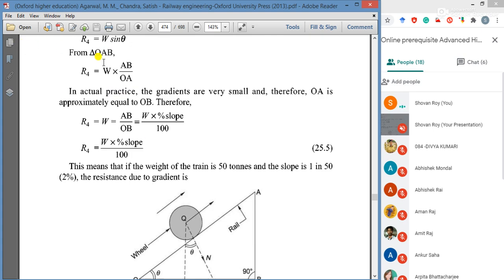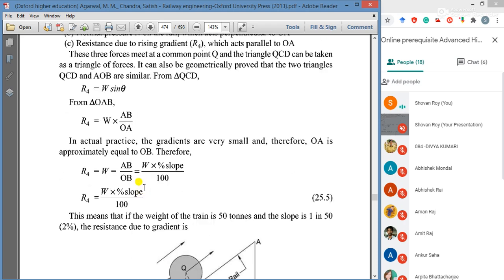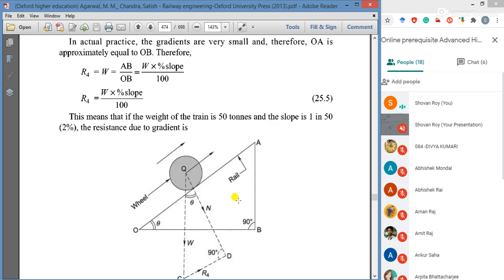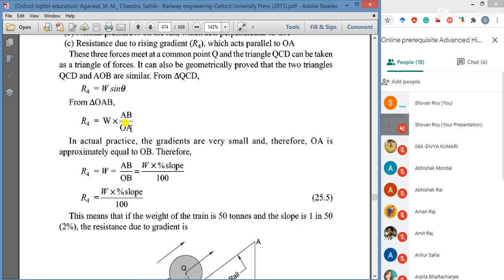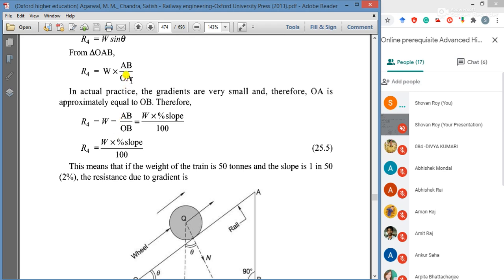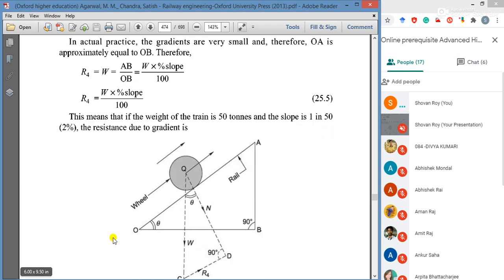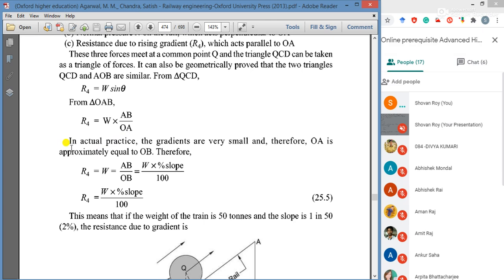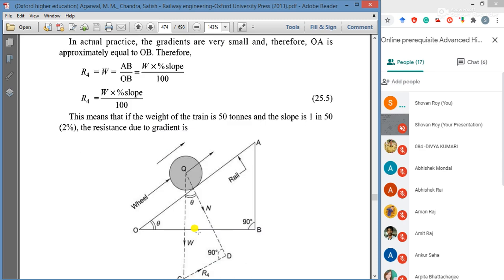From triangle OAB, R4 equals W into AB by OA, where AB is the hypotenuse side. This is sin theta. In actual practice the gradients are very small, and therefore OA is approximately equal to OB, because this theta value is very small.